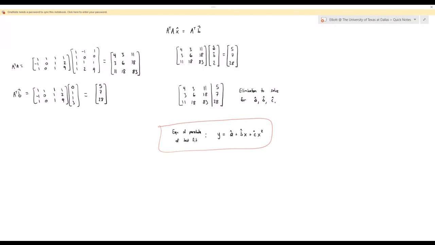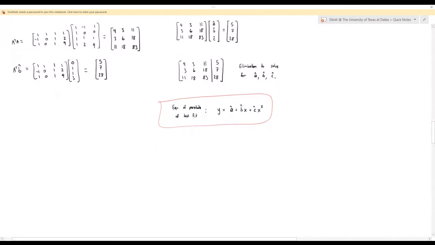So let's go ahead and end the review by going back to the main topic of projections.